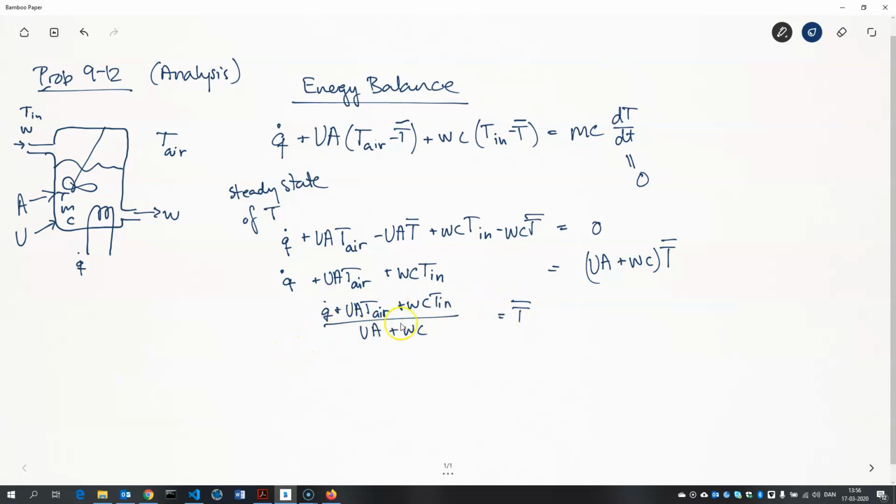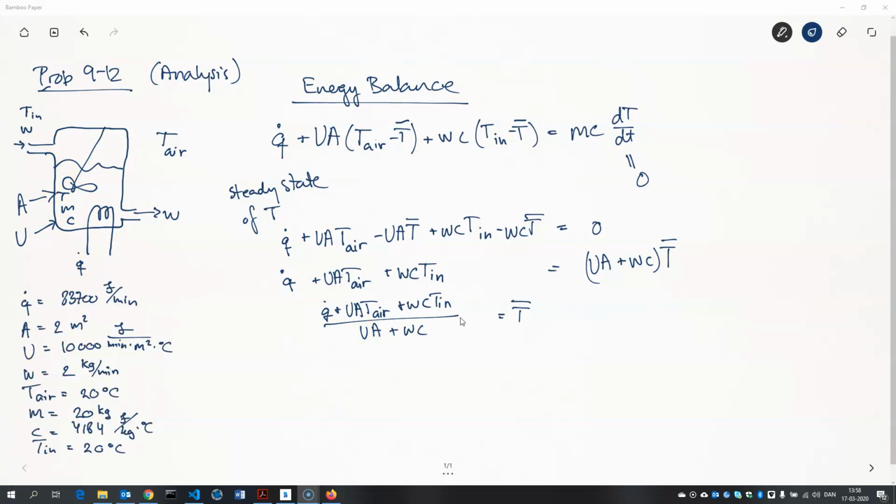And to find the actual value, the actual number, we need some parameter values over here. So let's get that. There they are. And if we plug that into the expression, we get something like 22.95 degrees Celsius. So that's the new steady state temperature. And remember, we came from a temperature of 30 degrees, so it says in the book.